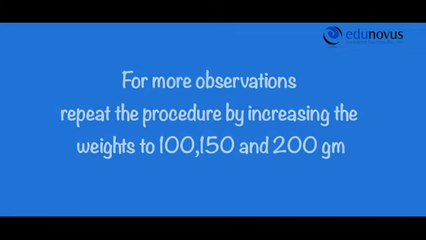For more observations, repeat the procedure by increasing the weights to 100, 150 and 200 grams. And in each case, we calculate the time period T and the square of the time period.